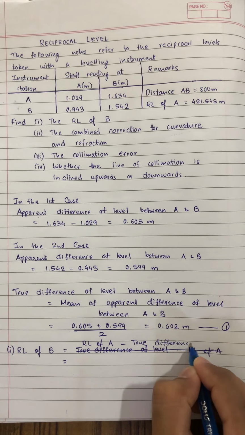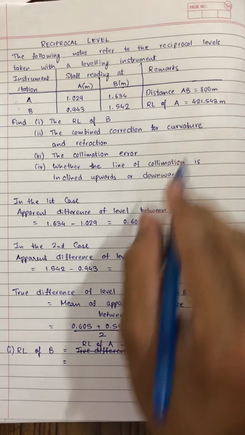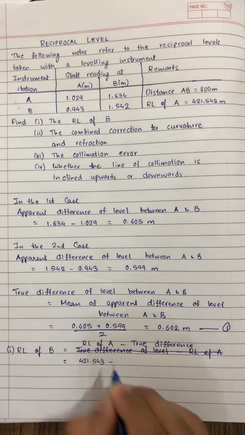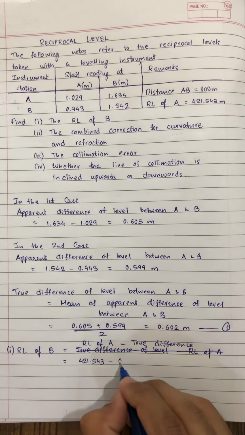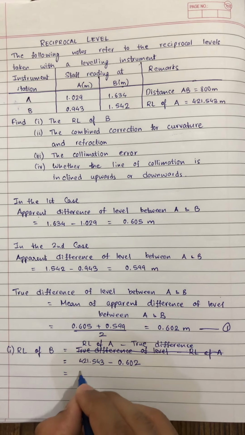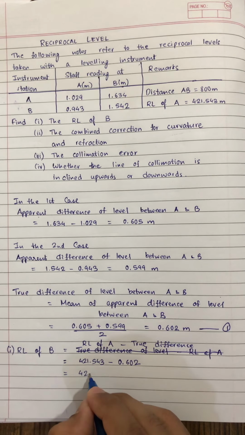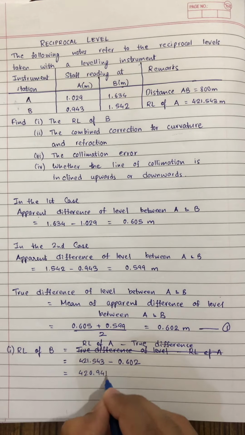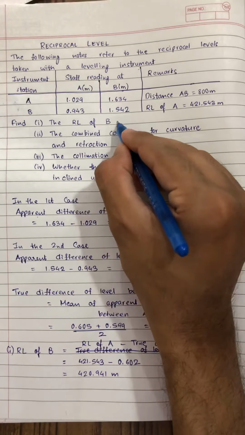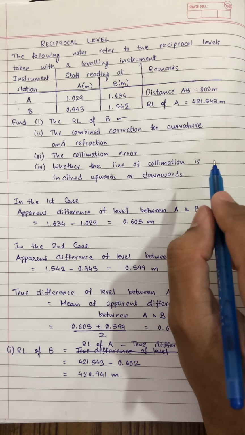So RL of A is given as 421.543 minus the true difference, given as 0.602. On calculating this, the value of RL of B comes out to 420.941 meter. Okay, so for this first point you have got the answer.